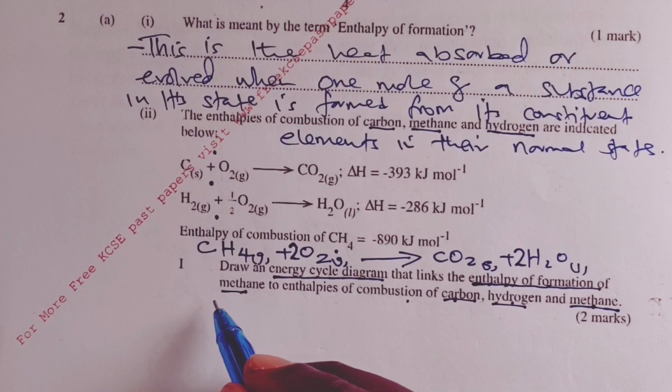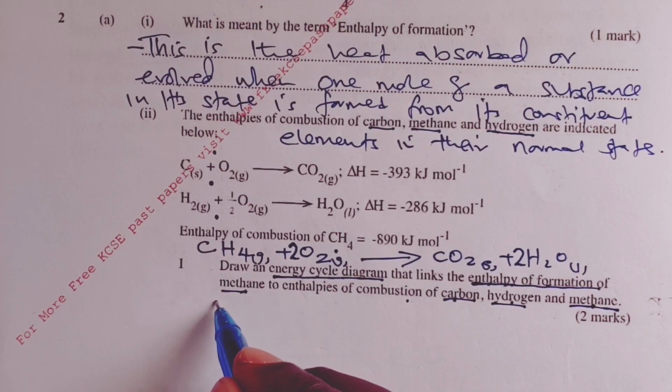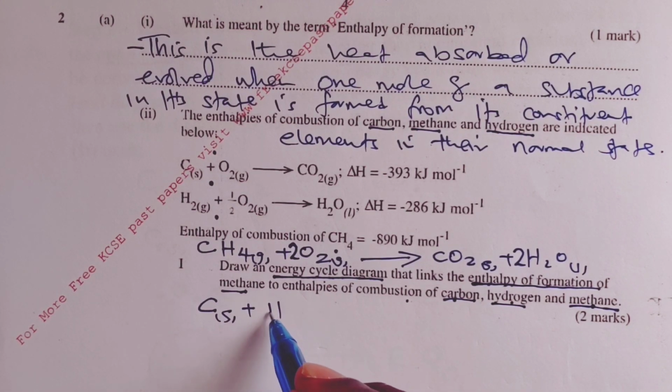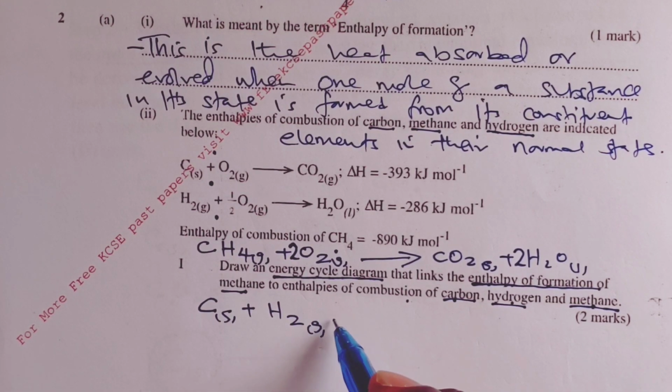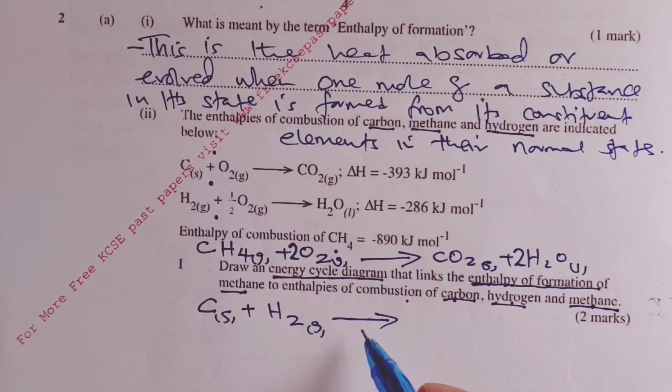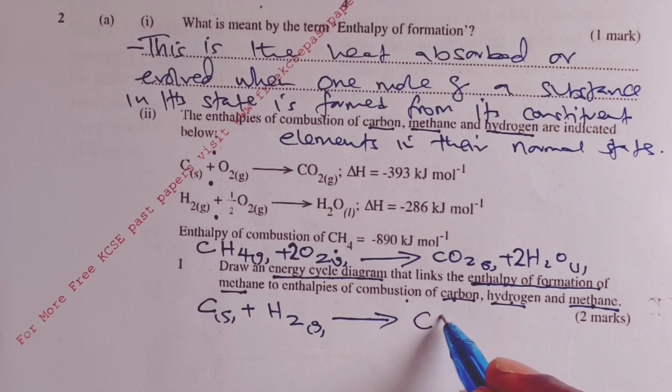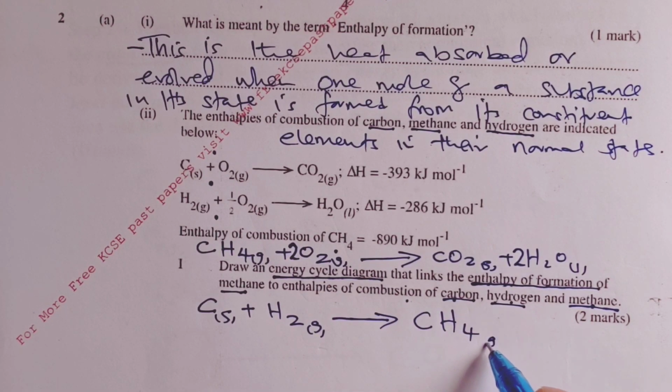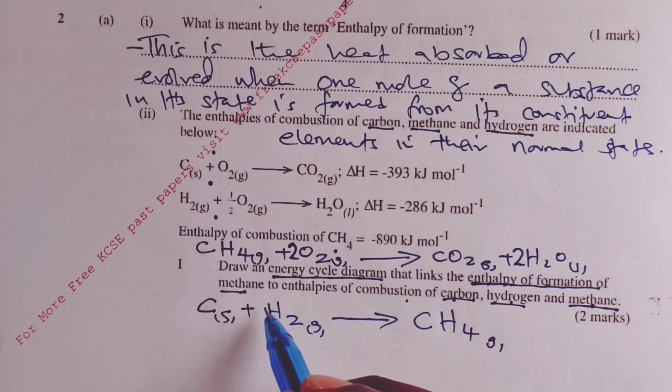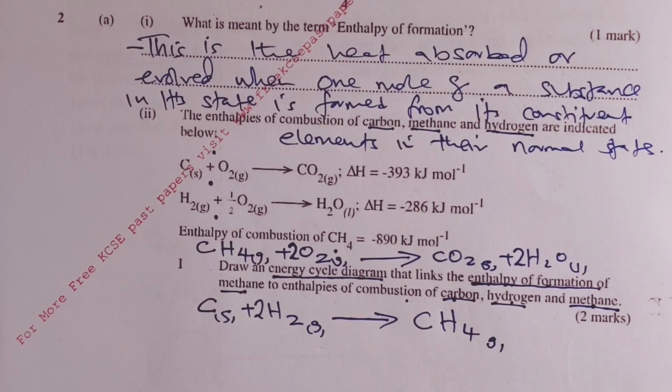So an equation that represents enthalpy of formation of methane would mean that we are forming 1 mole of methane from its constituent elements. Constituent elements of methane is carbon and hydrogen. So we would form 1 mole of methane, and we shall then balance with a 2 on hydrogen.